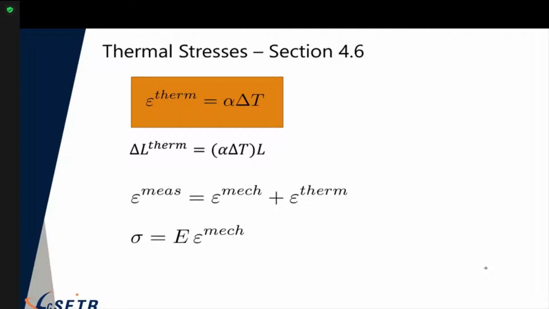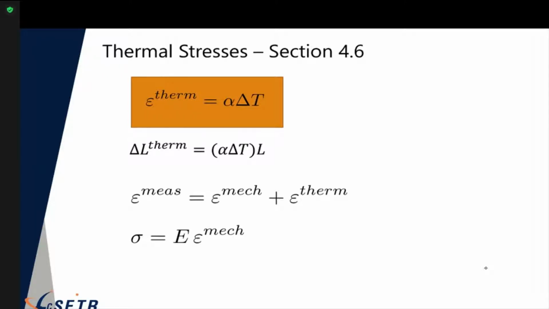If it's not allowed to freely expand, if it's constrained, that's going to result in stresses and possibly failure. There are lots of applications where the thermal stresses really can become significant.